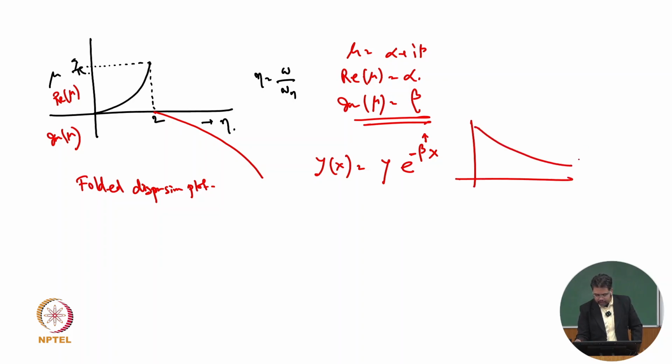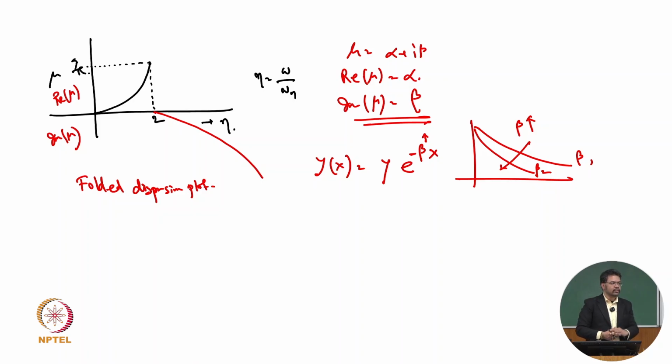That was like beta 1, this one will be beta 2. Here beta is increasing. Beta increasing means you will get the decay much faster. Within a very small amount of displacement, you will get a much quicker decay.